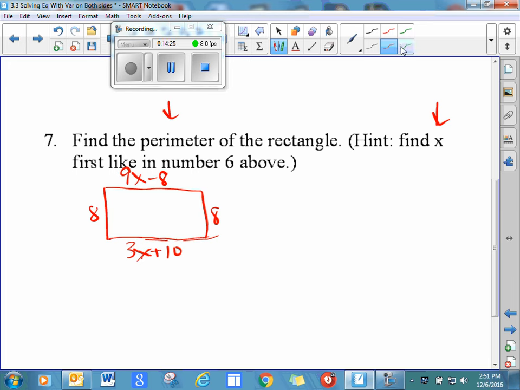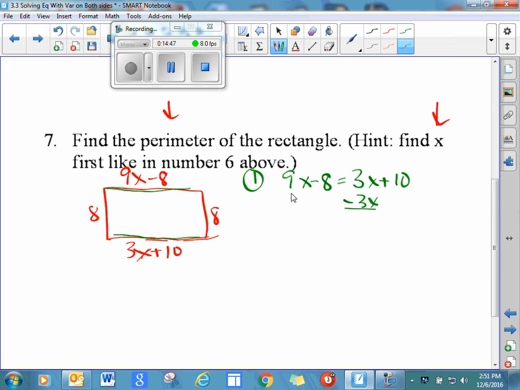So in order to find x, we need to remember that in a rectangle, your parallel sides have the same length. So we're going to set 9x minus 8 equal to 3x plus 10. 2 different ways to write however long this side is. Collect our like x's.